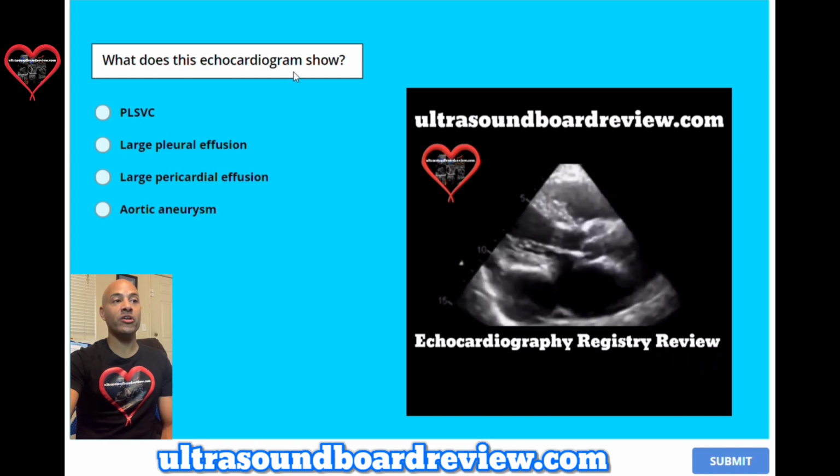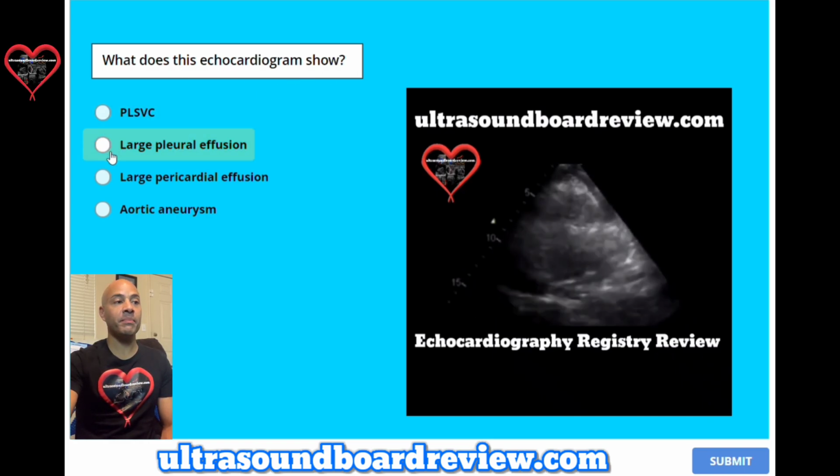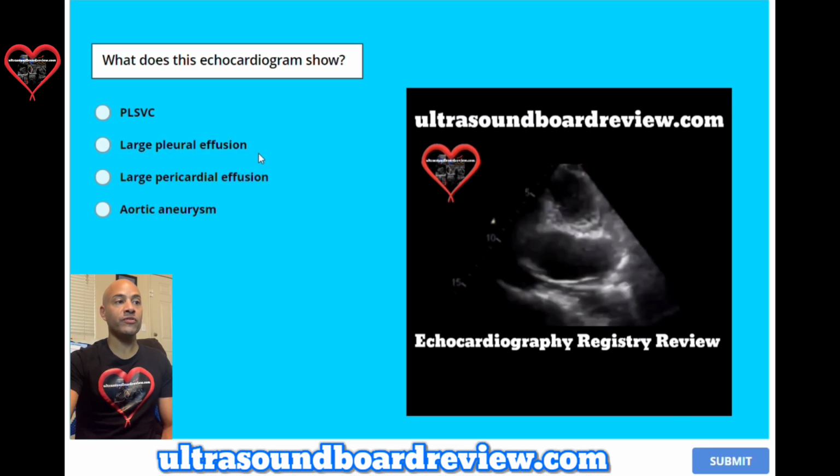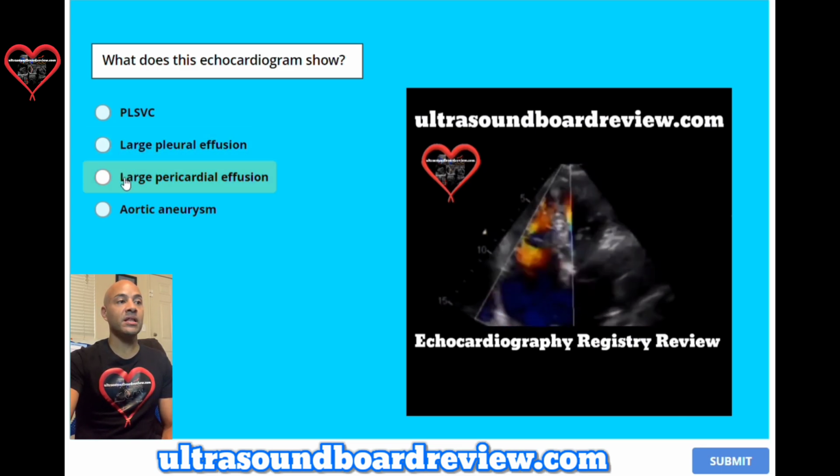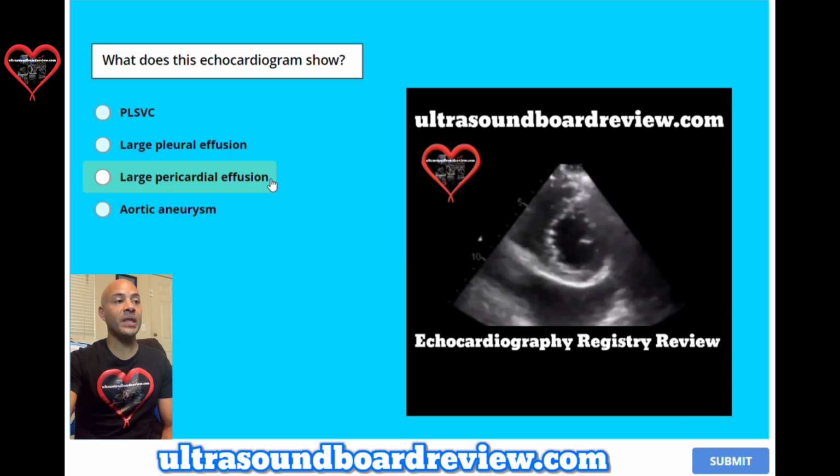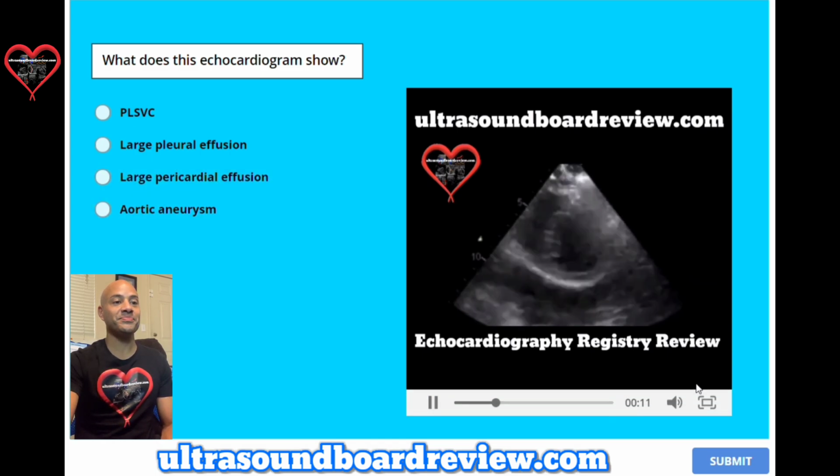What does this echocardiogram show? A, persistent left superior vena cava, B, large pleural effusion, C, large pericardial effusion, or D, aortic aneurysm.